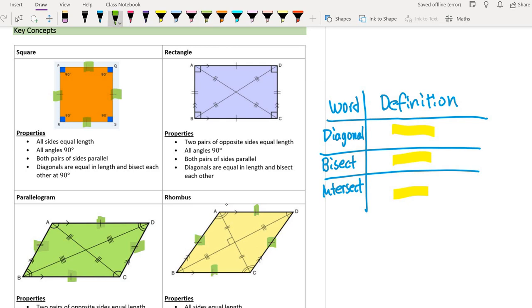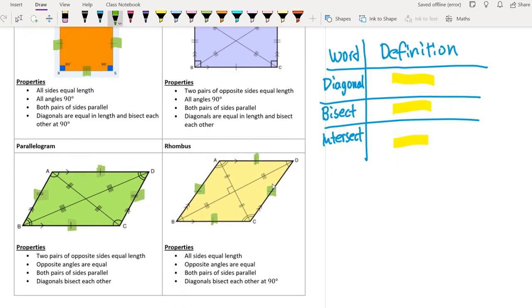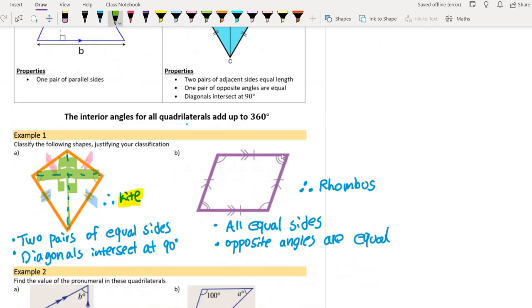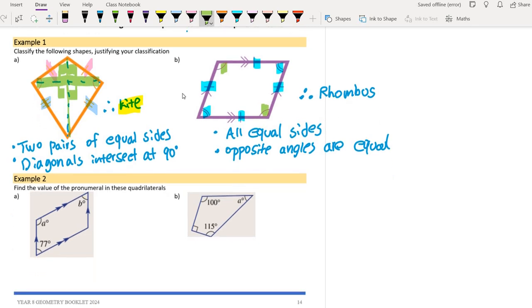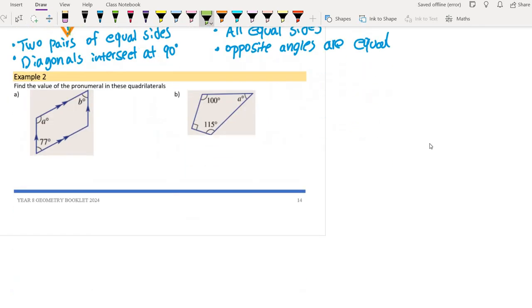But imagine if someone stepped on a square, that's a bad drawing of a foot, and it gets tilted to the side and becomes a rhombus. So this one's a rhombus because all of its sides are equal in length, and the opposite sides are also equal in size as well.